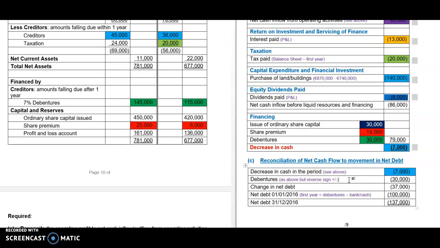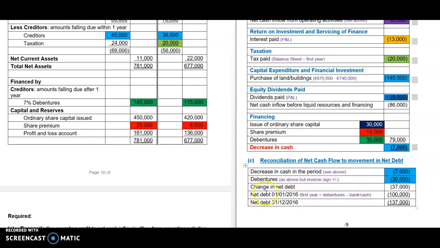Debentures, you can see above were plus 30,000, but in our reconciliation here we reverse the sign or change the sign and it becomes minus, so we just reverse the sign, minus €30,000. This calculation, change in net debt, was just the addition of the two above figures.